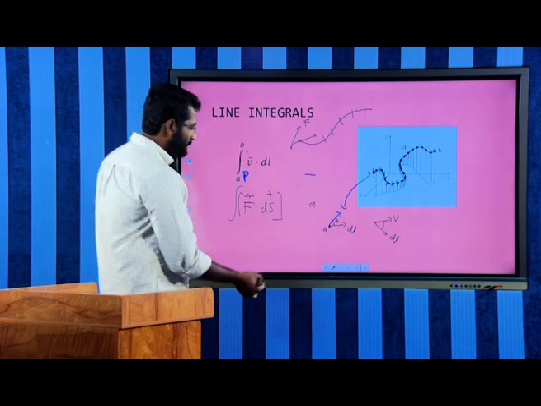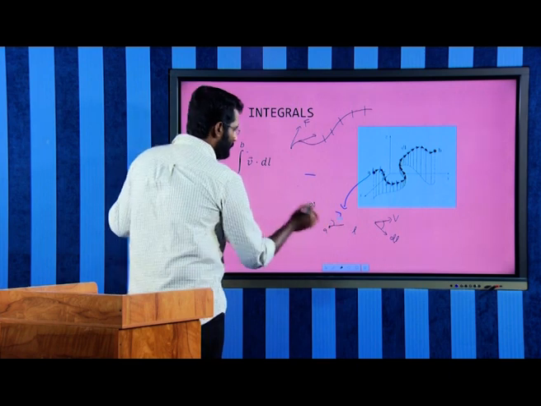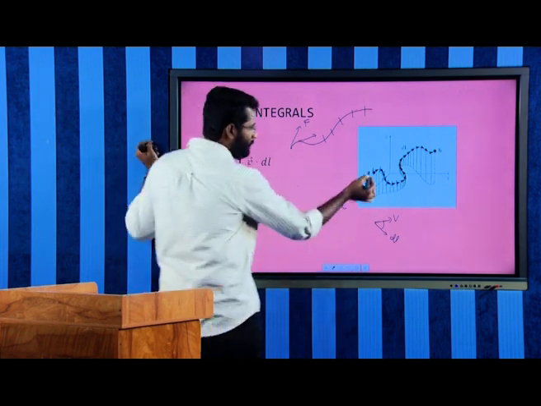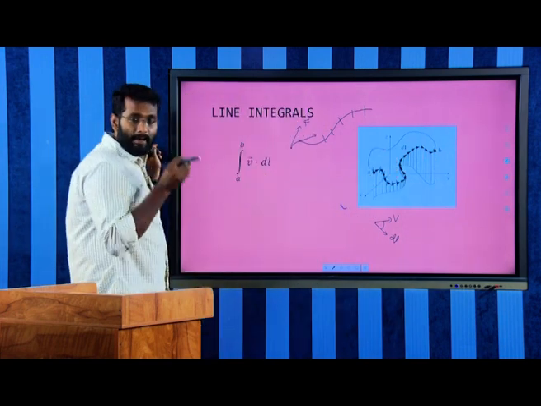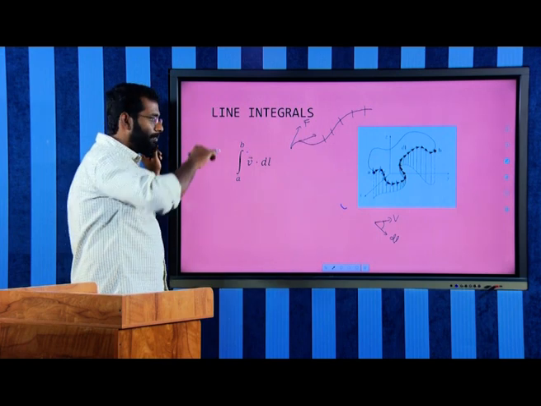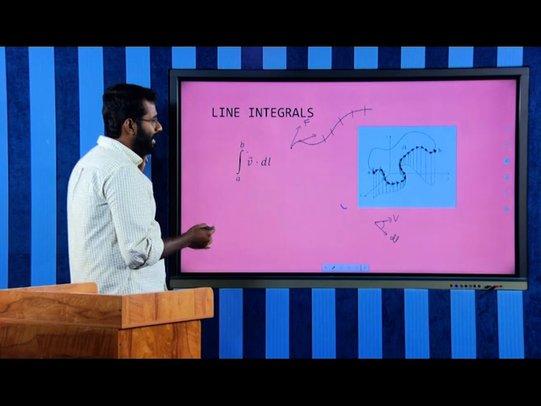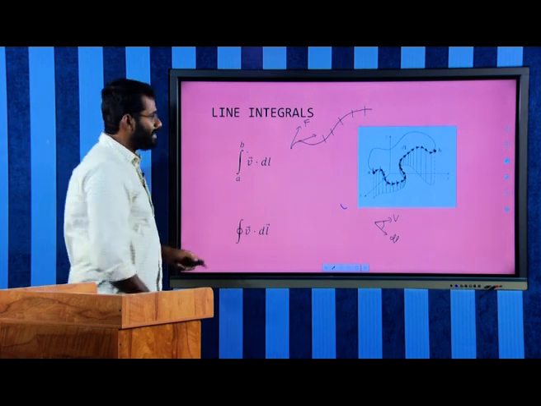Now, there can be another type of this. Here the endpoints are the same. For example, I can start from A, go to B, and come back to A. That means I am starting from A and coming back to A, so the endpoints are the same. We call it a closed integral, which means the path is closed.